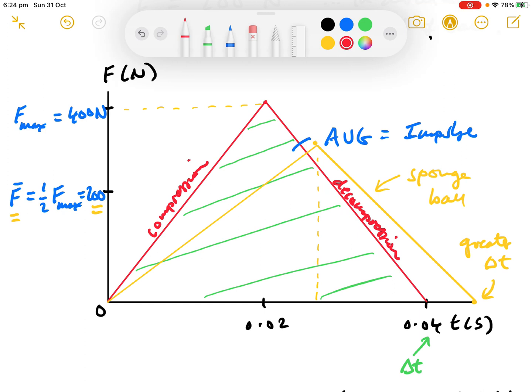And you may in class have seen film of a golf ball being compressed and decompressed. And that compression is longer for the sponge ball, and the decompression is also longer.